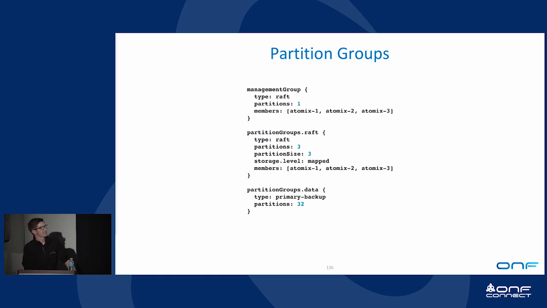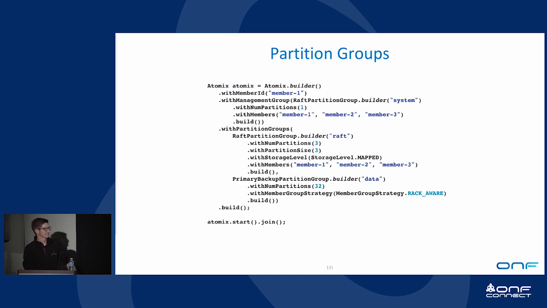The management group is defined at the top, which basically says use Raft to store primitive information and manage transactions and manage primary elections, and then create a Raft partition group with 3 partitions and a primary backup partition group with 32 partitions. And then we'll see that primitives can be stored in the data partitions.